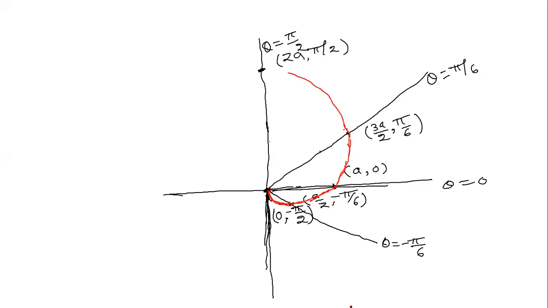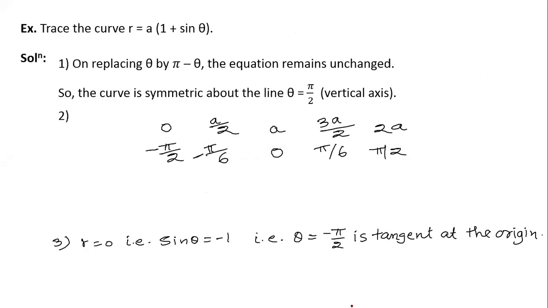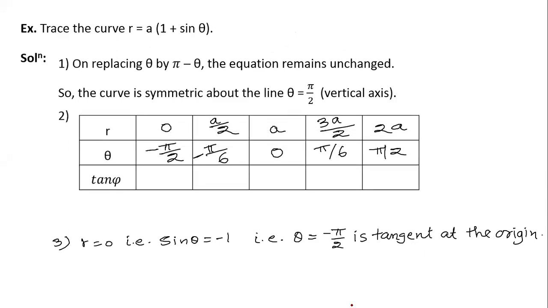And for that, what we have to do? Let us find value of phi. So here, tan phi is equal to r upon dr by d theta. So r is equal to a times 1 plus sin theta, and dr by d theta is a times cos of theta.